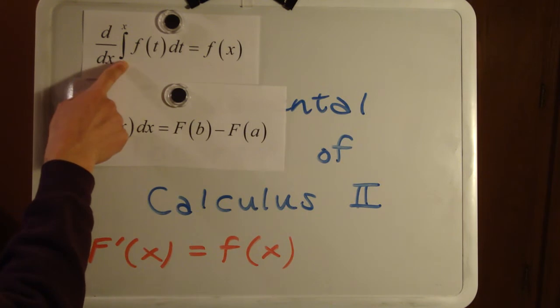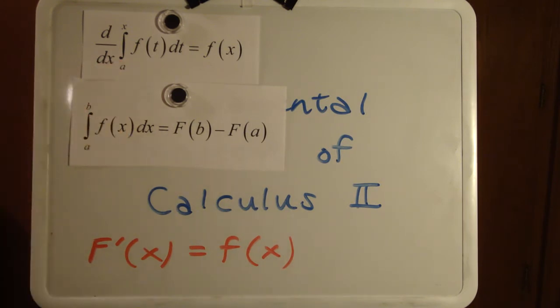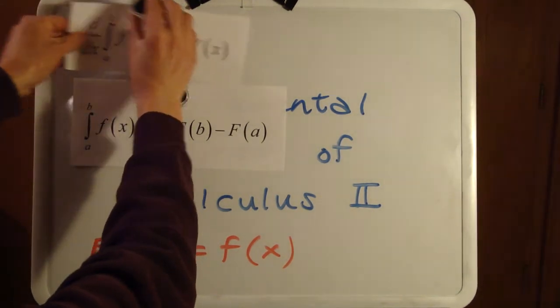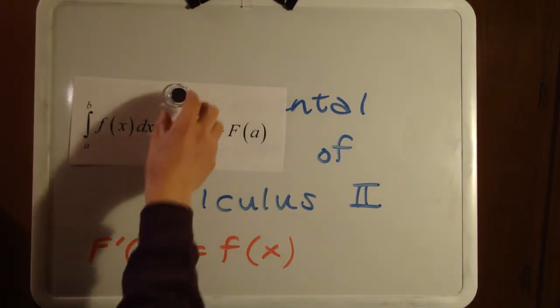This one is showing integration followed by differentiation. So that's why there are two parts to the fundamental theorem of calculus. They both illustrate how the area and the rate of change are opposite functions, but each statement illustrates that by reversing the operation. So the first thing we should talk about is what does this statement here mean?